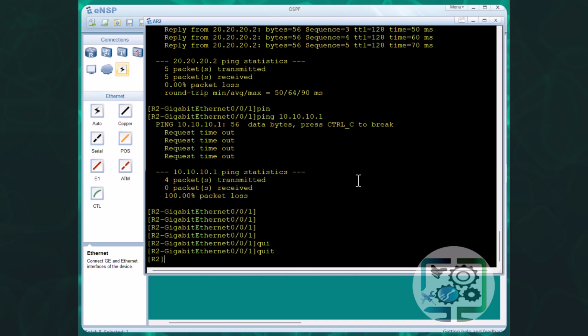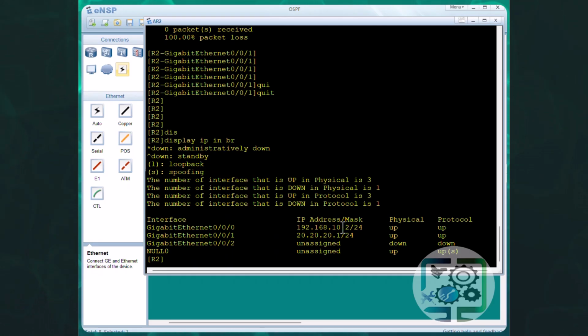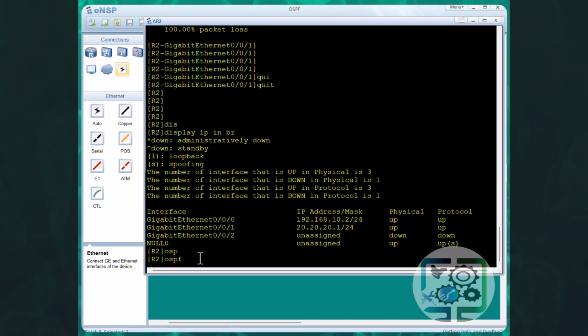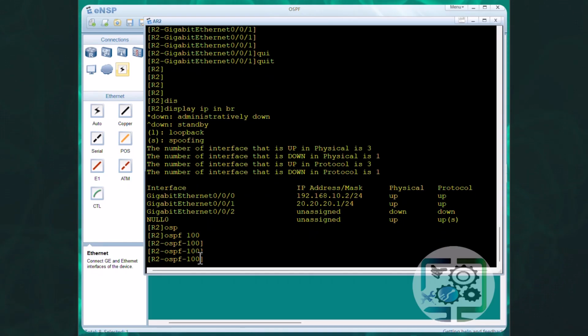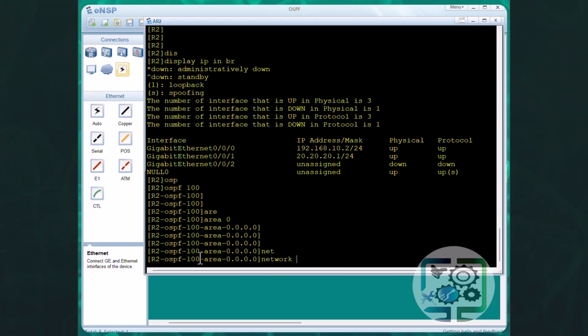We will quit and check display IP interface brief. We also configured /24 here. On this router we have these two networks, so we will advertise these two by configuring OSPF 100. We will configure single area 0 and advertise both networks.